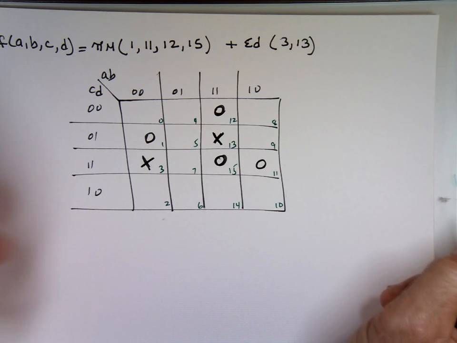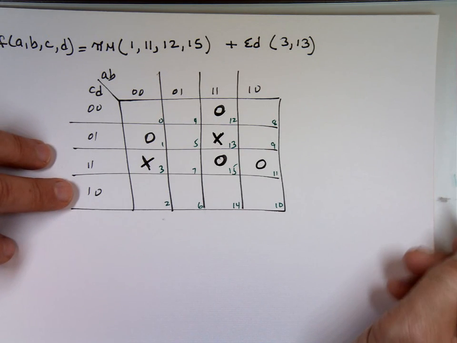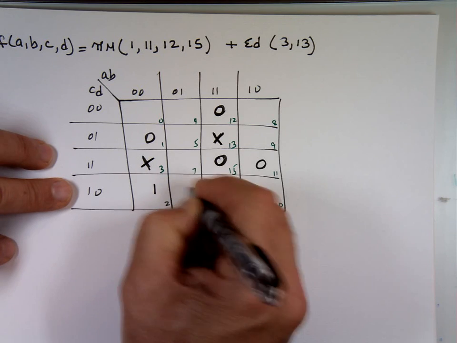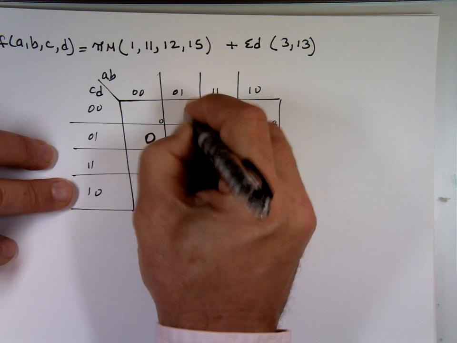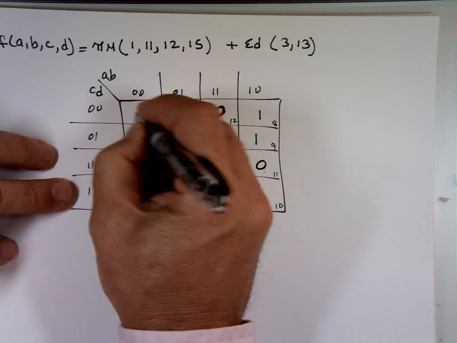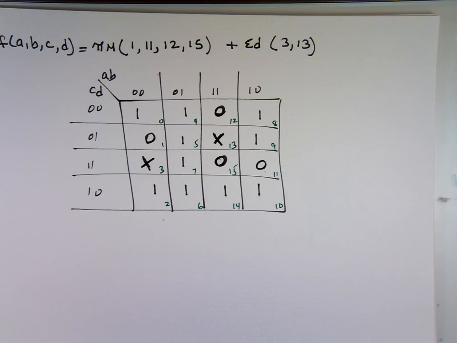That means the rest of them is going to be what? How about ones? We're looking for the product of sums. I'm going to do both.